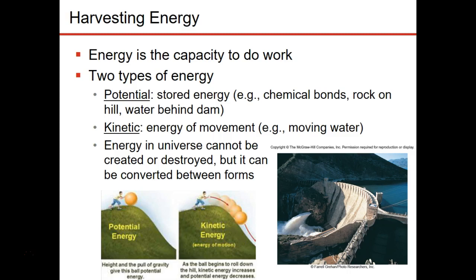Energy, in a nutshell, is the ability to do work. And there are two forms of energy that we always talk about. Potential energy, which is energy that's stored in chemical bonds.